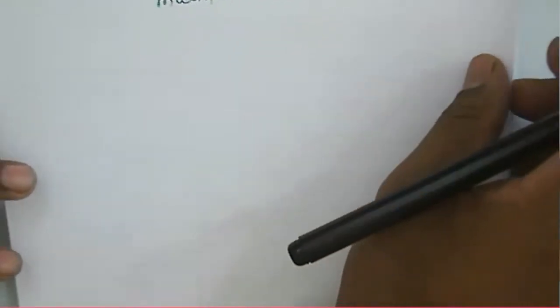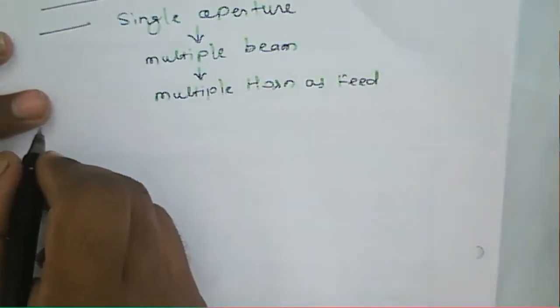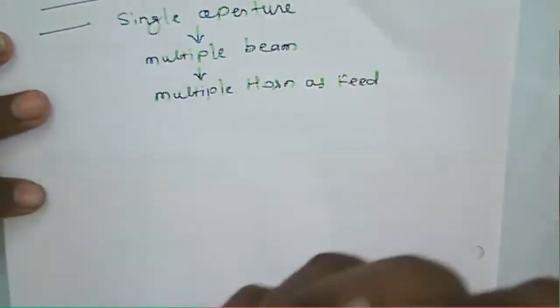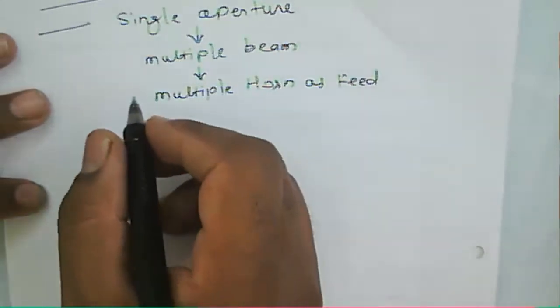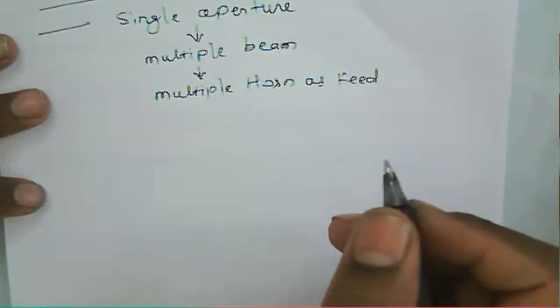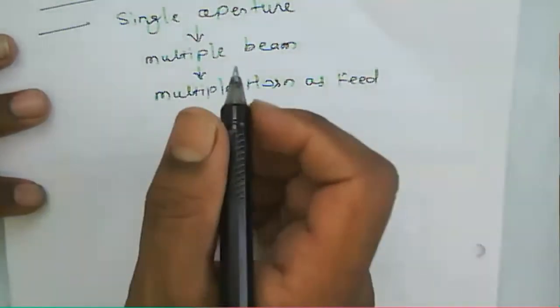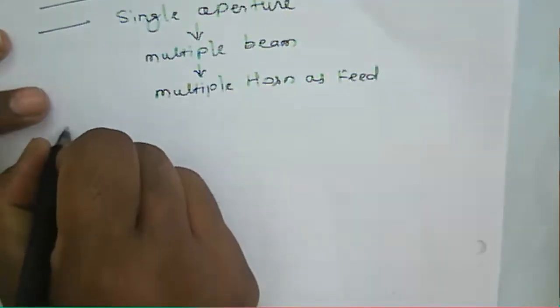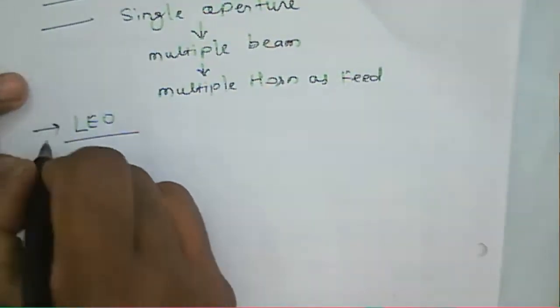In satellite communication, multiple beam antennas are used, which are useful for satellite mobile communication, and they will be used in LEO orbit satellites.